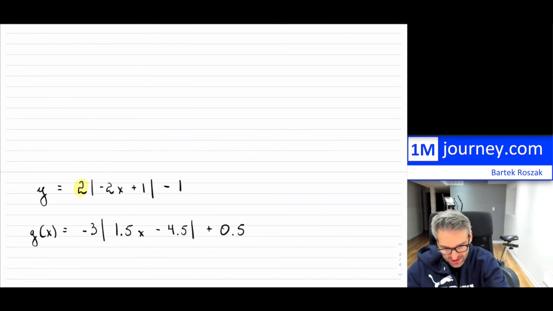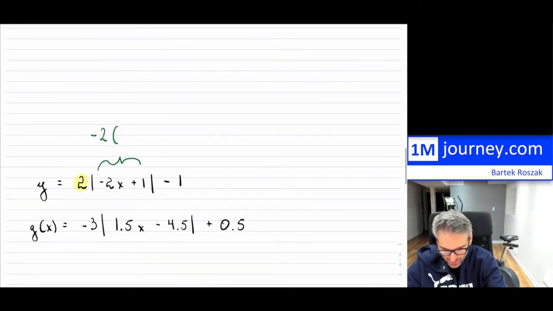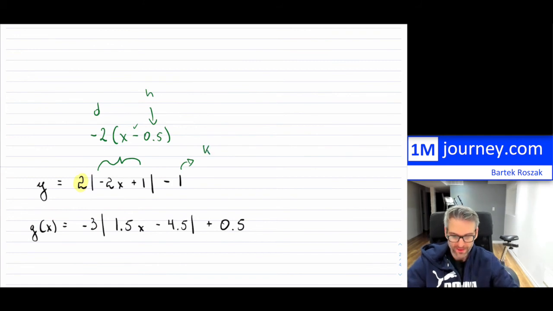Now, in here, this is a little tricky because you have to put it in the right form. So always put it in the form where you factor out the -2. So this is going to be X minus, and this is a half, or 0.5, to keep it the same. So this is your D, and because this is negative here, this is going to be your H. And then this is going to be your K. All right?